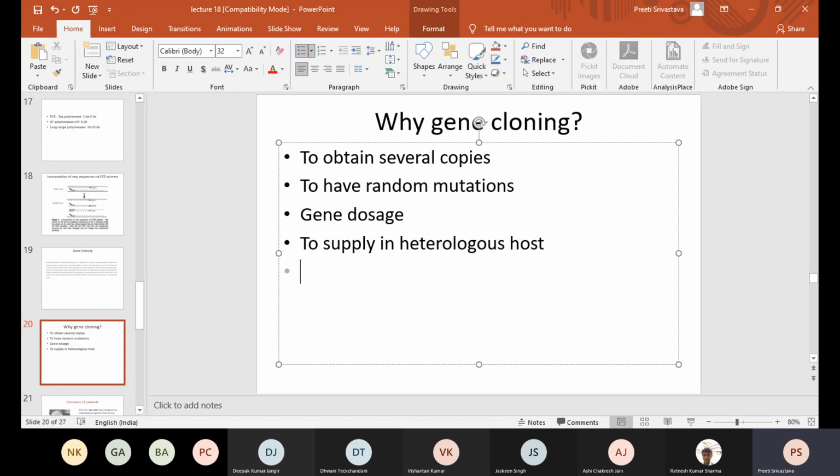So then tell me, why do we clone a gene? Anything else? Ashi, Udita? For medical applications, okay. Understanding the impact of the genes.